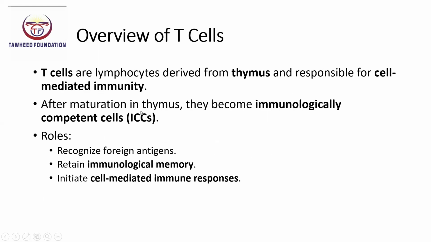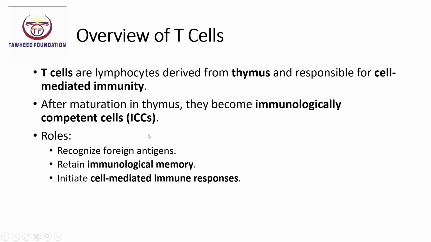Next is overview of T cells. T cells are lymphocytes derived from the thymus and are primarily responsible for cell-mediated immunity, that is CMI. After maturation in the thymus, they become immunologically competent cells, ICCs, capable of recognizing antigens and mounting immune responses.